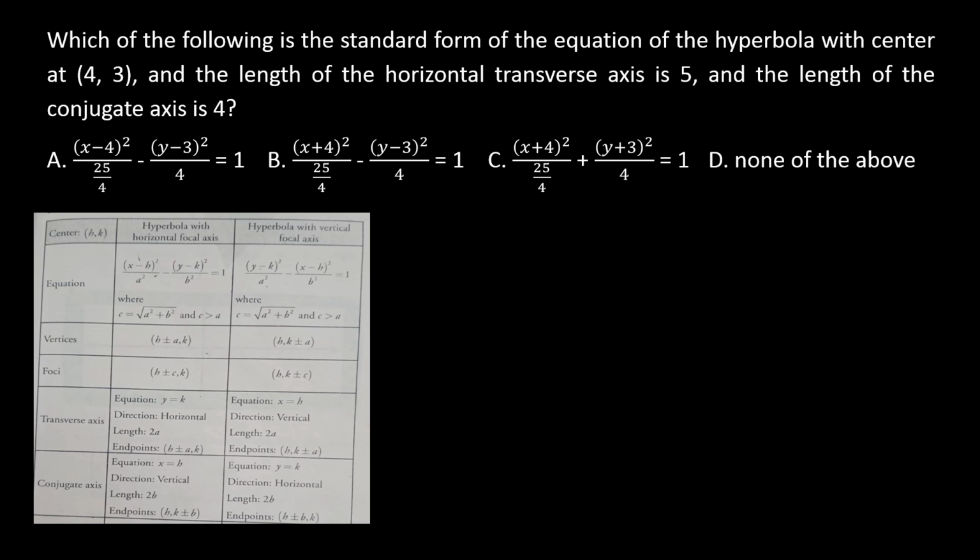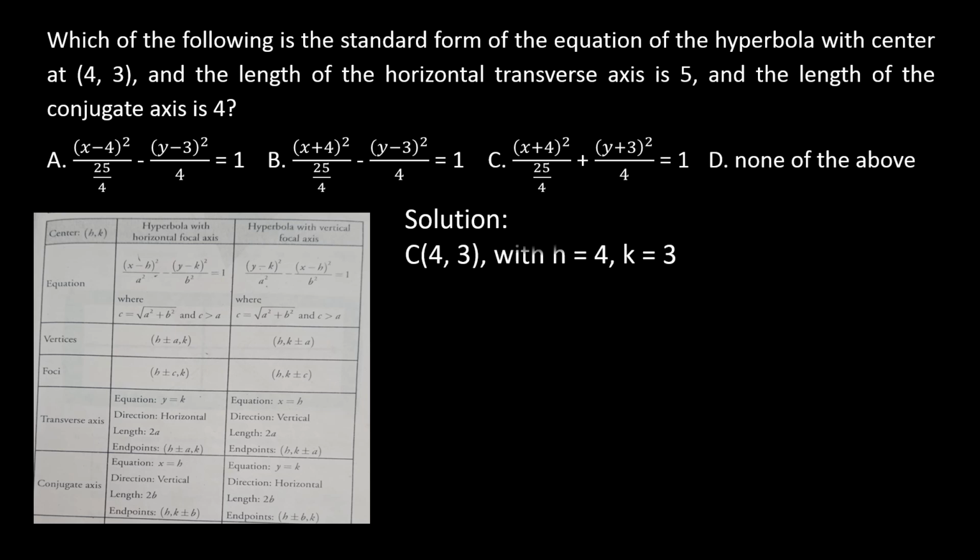So this corresponds to the first equation: the quantity x minus h to the power of 2 over a squared minus the quantity y minus k to the power of 2 over b squared equals 1, with h equal to 4 and k equal to 3. The formula for the transverse axis length is 2a, while the conjugate axis is 2b.